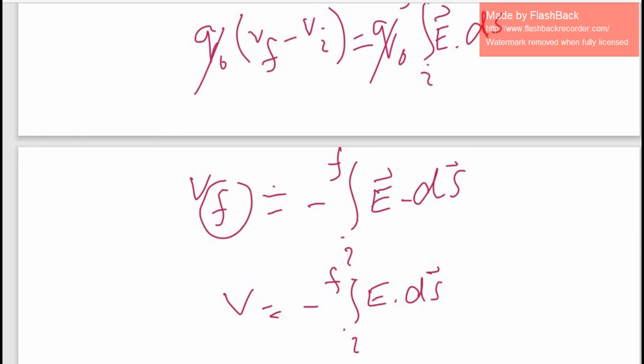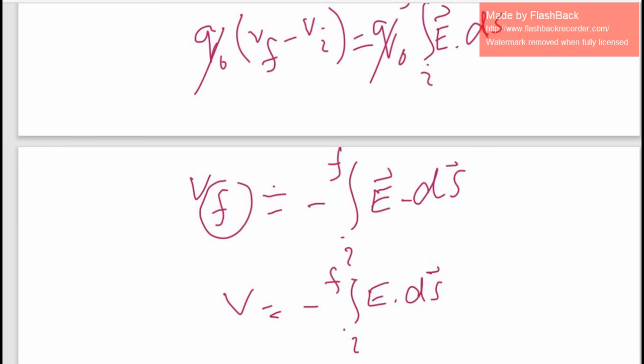Why did I do this? Because I am taking the potential V at any point F in the electric field relative to the zero potential. Starting from the zero potential to the final position at some electric potential V, so Vi is equal to 0 at this point.